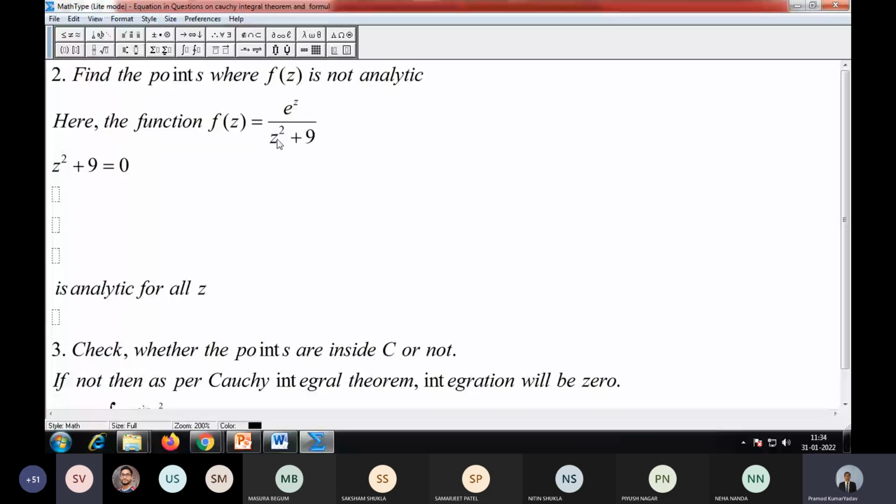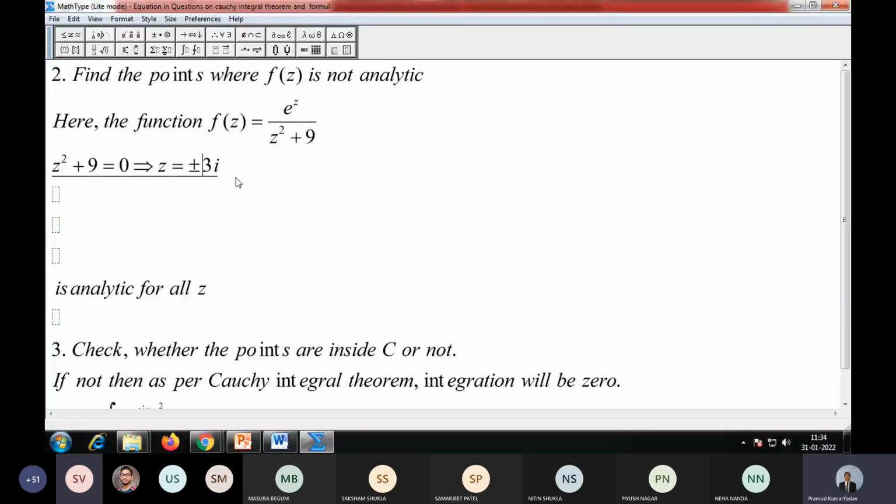But at the point where the denominator becomes 0, the whole thing tends to infinity, so at that point this function will not be analytic. So just put the denominator to 0, and by equating you can find the value of z. z will come plus minus 3i. Am I right?